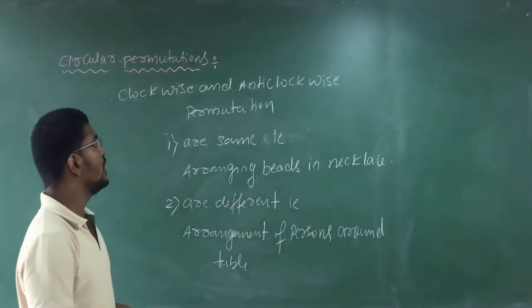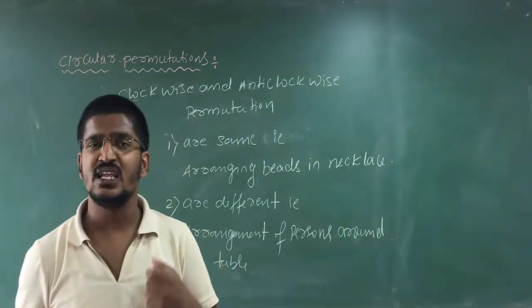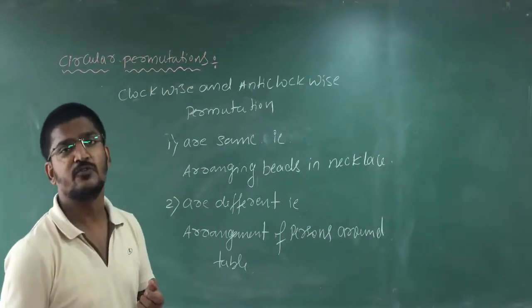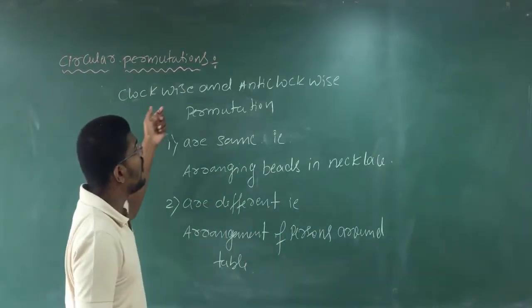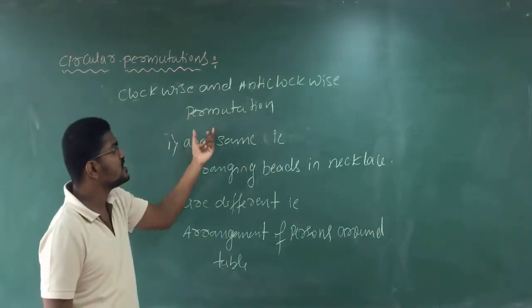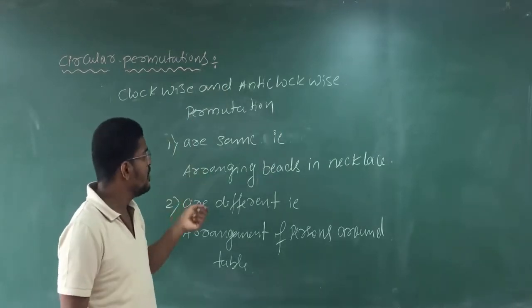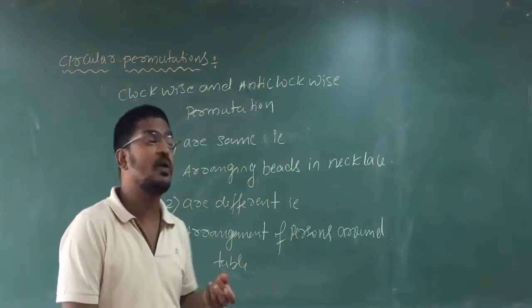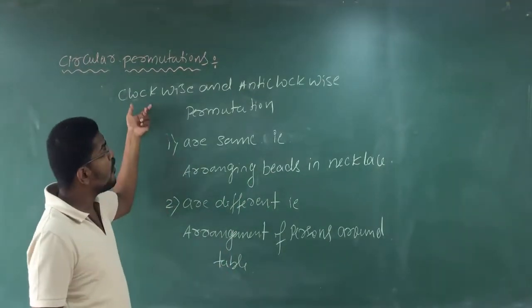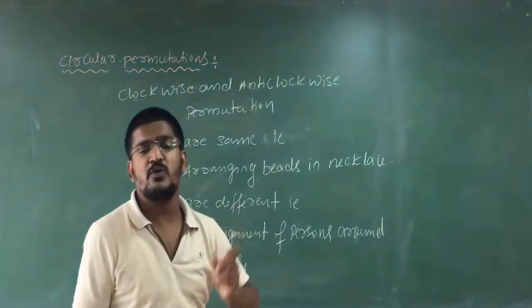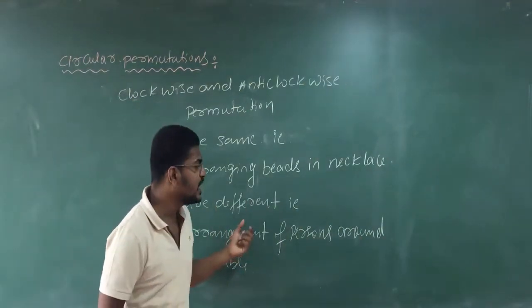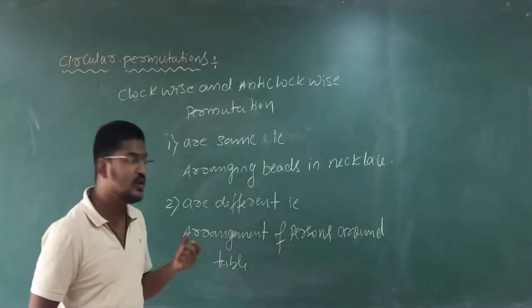So see here, whenever you are solving a circular permutations problem, we have to look at the problem very carefully, because clockwise and anti-clockwise permutations are going to be same whenever you are arranging the beads of a necklace. No problem. But clockwise and anti-clockwise permutations are going to be different whenever you are arranging persons around a table.